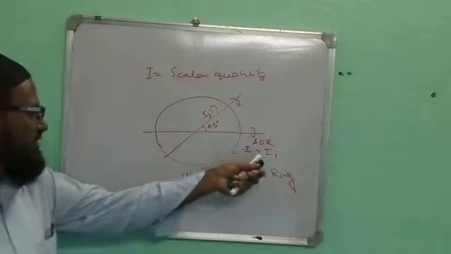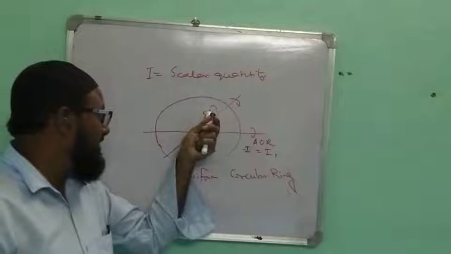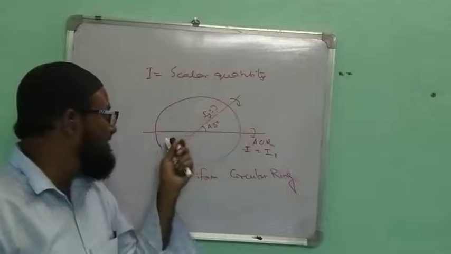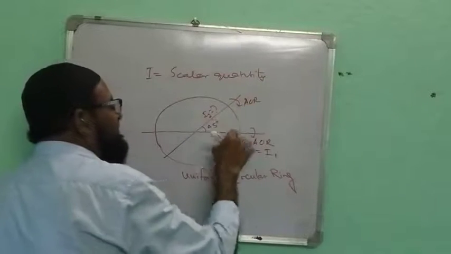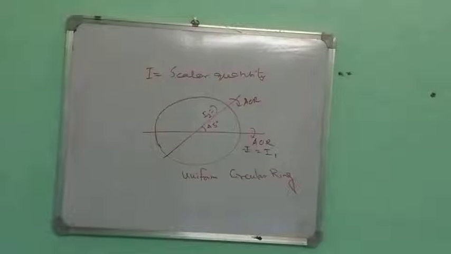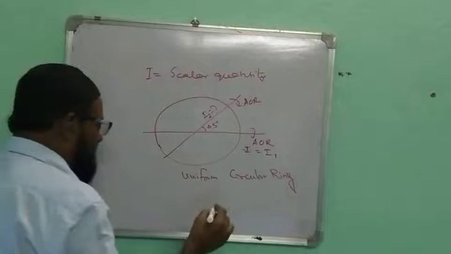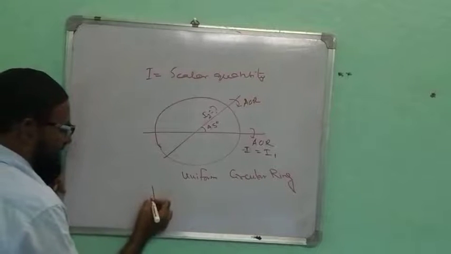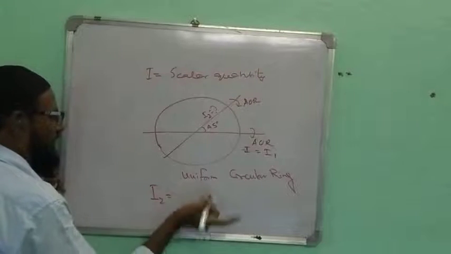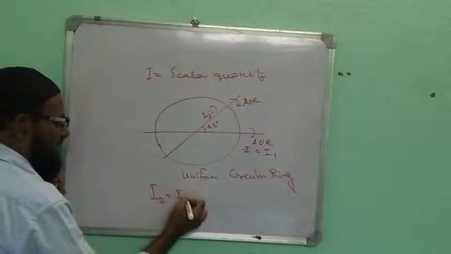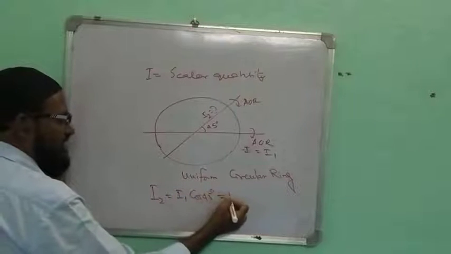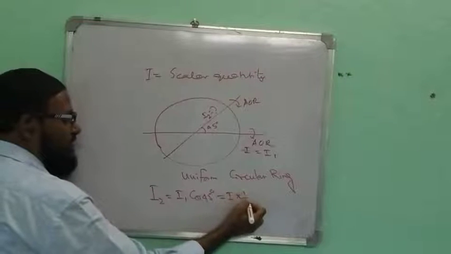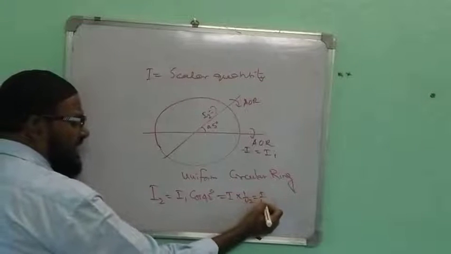In this position this is I1. In the case of I2, with this axis of rotation, what is I2? Maximum students would write, sir, I2 equal to I1 cos 45 degree, that is I into 1 by root 2, that is I by root 2.